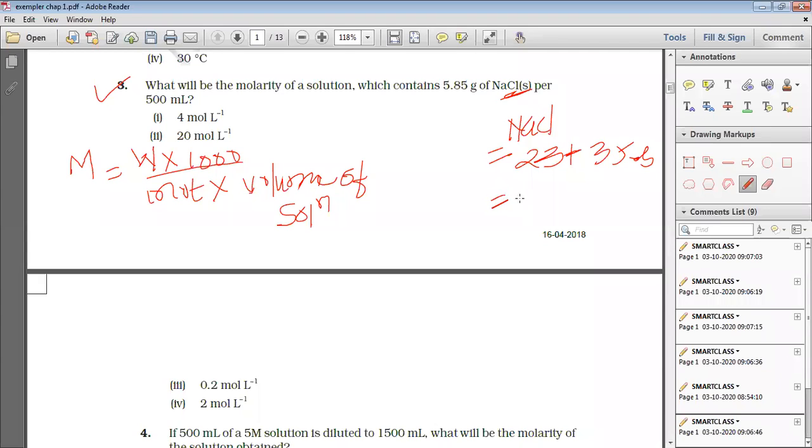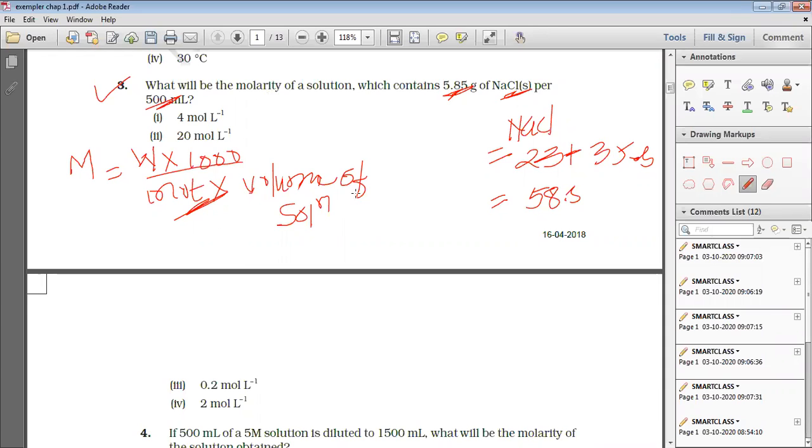What is the total? 58.5. This is the molecular weight. So this molecular weight is 58.5. Weight they have given that 5.85. And total volume of solution they have given 500 ml. So let us put all these values, my dear students.